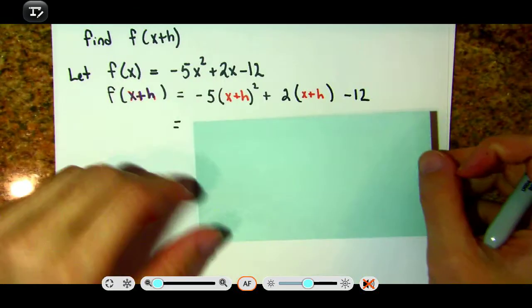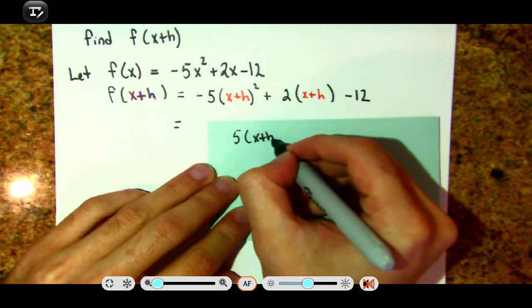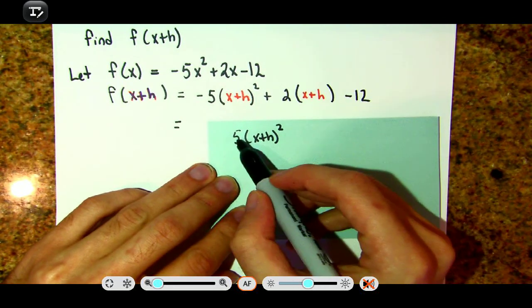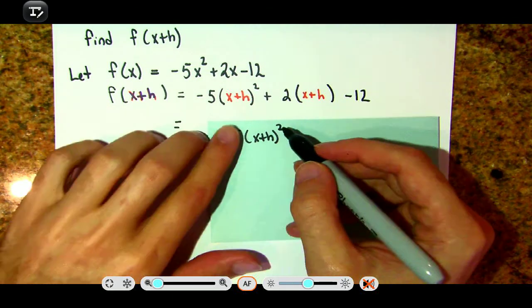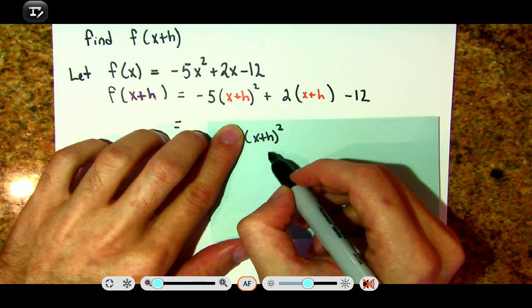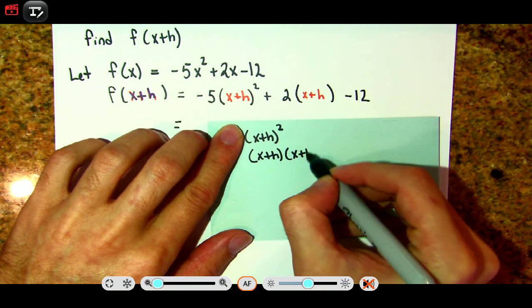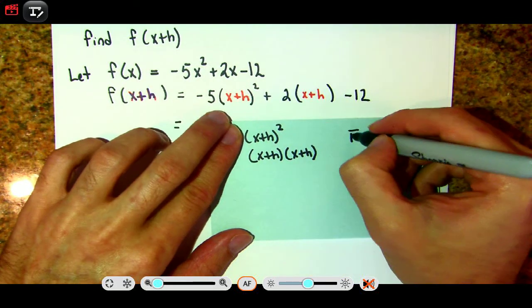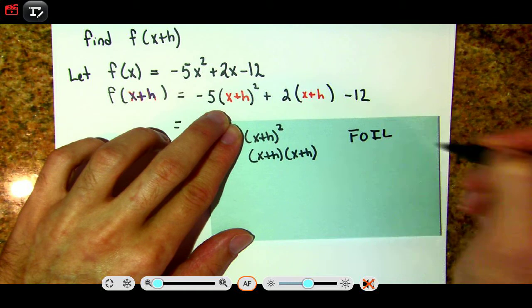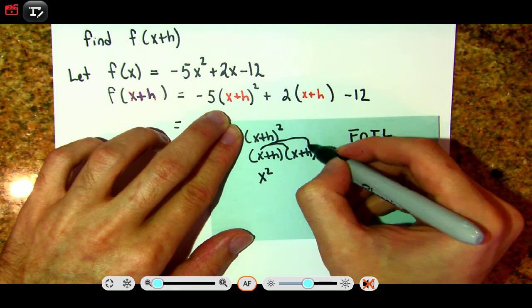But if I have 5 times x plus h squared, you're not multiplying the 5 first on the inside. You have to do this x plus h squared first. And what does that look like? It looks like x plus h times x plus h. And how would you actually do this? Hopefully we're all solid with FOIL, right? X times x, x squared. X times h, xh.